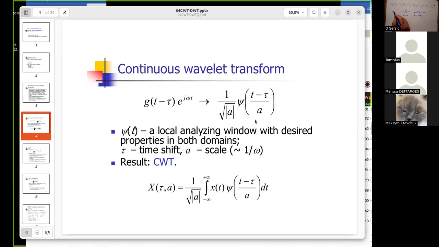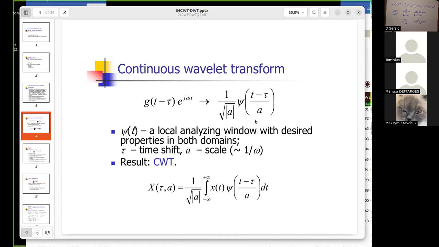So this will be our wavelet function, something that is denoted as psi on the slide. So when you see psi, you can think about a small wave. It can look like this, for example. It can be rectangular, of course. It can be triangular.